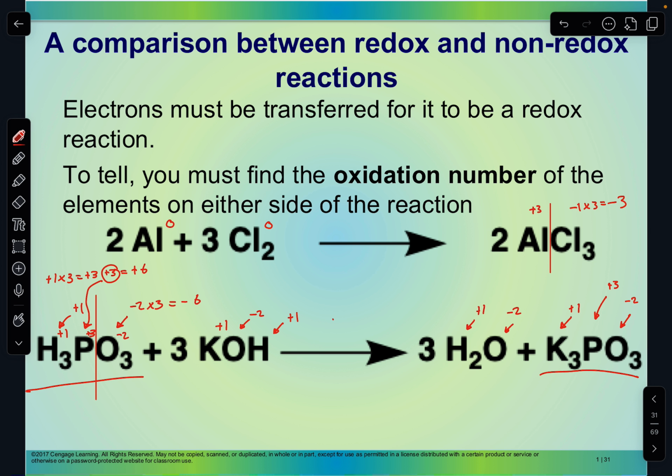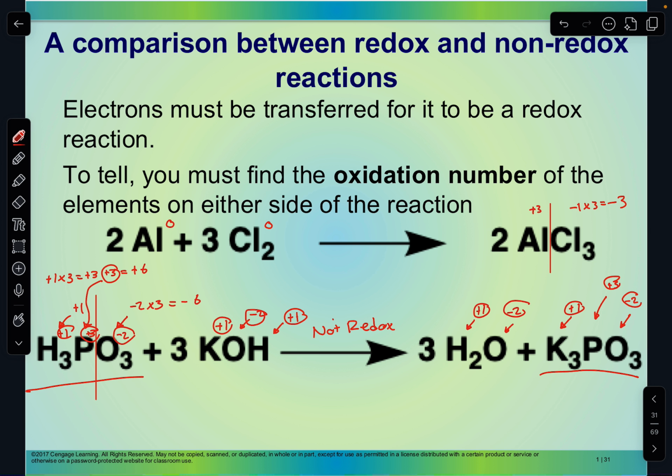None of the charges change. We have oxygen going from a -2 to a -2 and a -2, same thing, -2. We have hydrogen staying as a +1 throughout. Potassium stays as a +1. And phosphorus stays as a +3. And so this is not redox. In fact, acid-base reactions are very rarely going to be redox reactions.